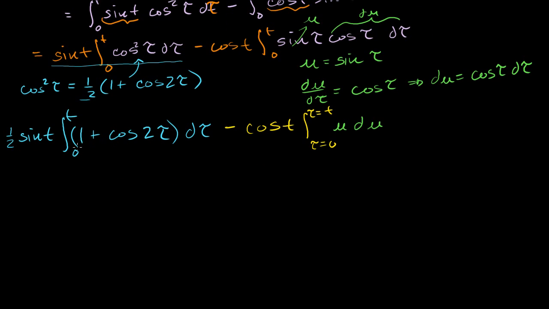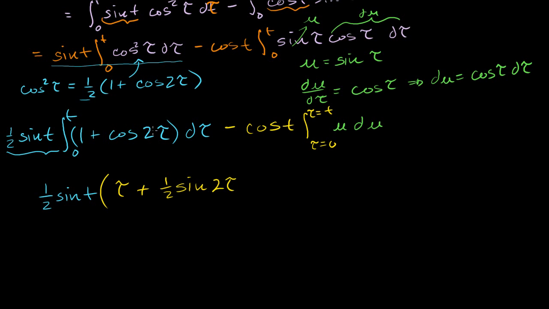And let's see if we can do anything useful now. So this integral right here, the antiderivative of this, is pretty straightforward. Let me write this outside part. So we have 1/2 times the sine of t. And now let me take the antiderivative of this. This is going to be tau plus 1/2 sine of 2 tau.